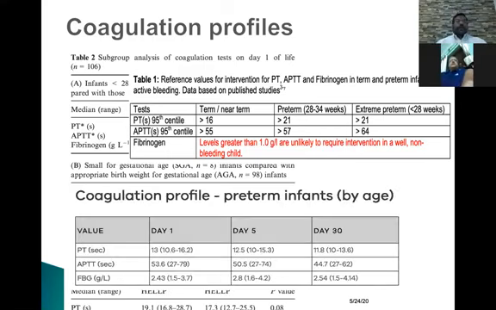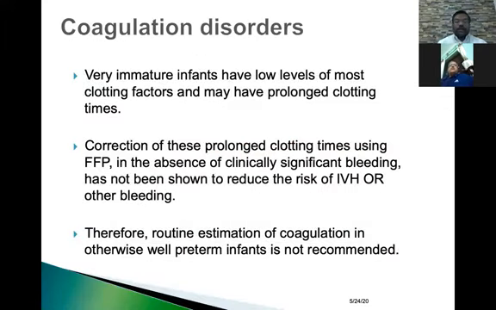Further, the values are different on day 1, different on day 5, and again different on day 30. So that creates a lot of ambiguity in what values we should be using to treat babies who have some kind of a disorder.